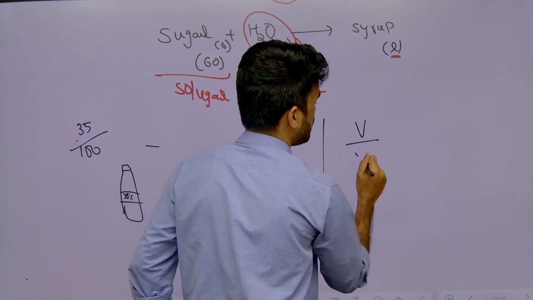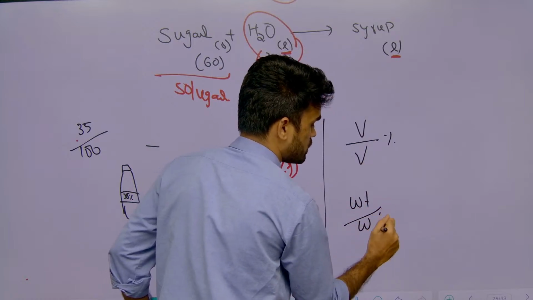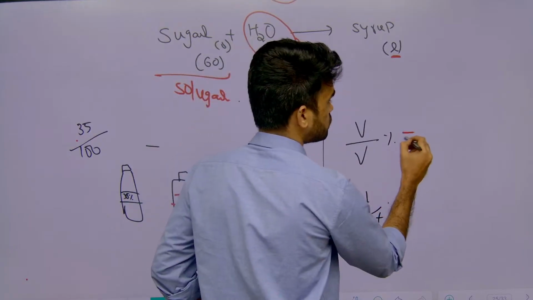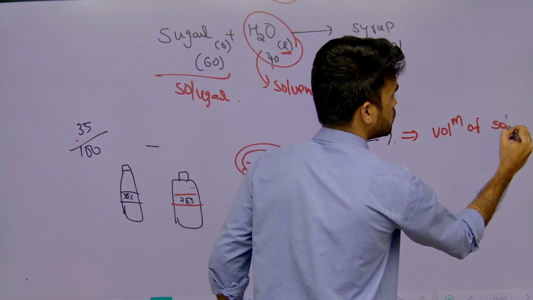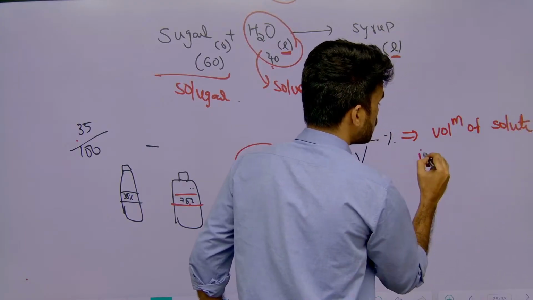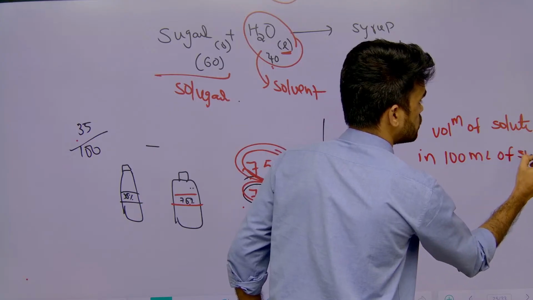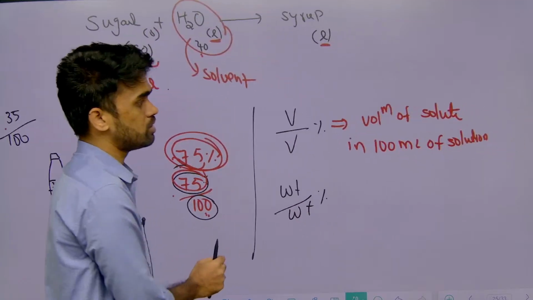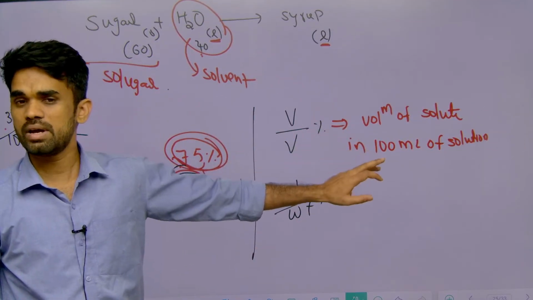There are two things: one is volume by volume percentage, the other is weight by weight percentage. What does it mean? Volume by volume percentage means the volume of solute present in 100 ml of solution.